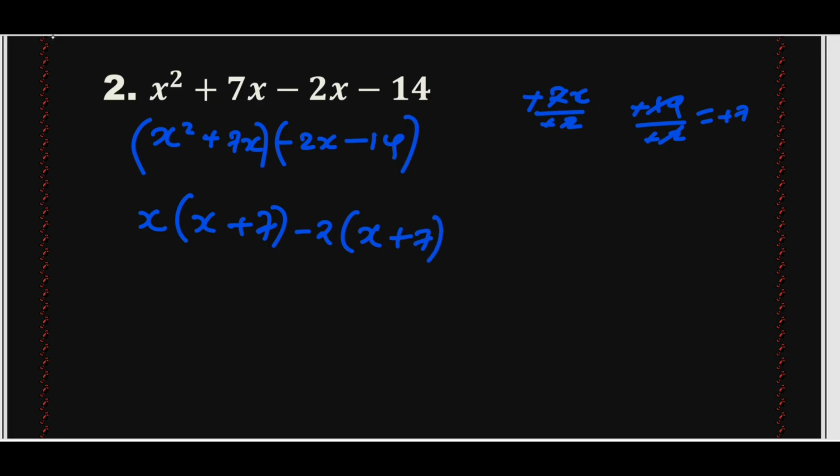So now pick the numbers outside the bracket. We shall have x minus 2. As I said, pick the numbers outside the bracket with the sign before them. So x minus 2, then x plus 7 becomes the correct factorization of this expression.